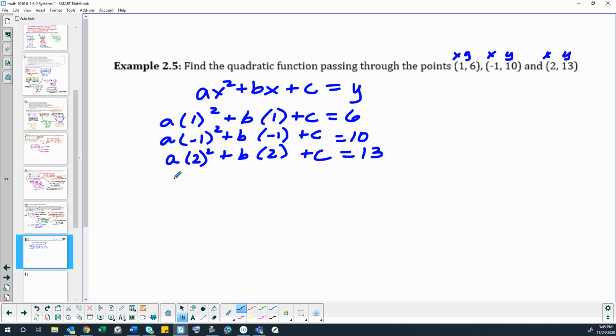That gives us the following system of equations. a plus b plus c equals 6. Well, what happened to the ugly square? That was the x value we plugged in, and it's gone. We now just have a linear 3-variable equation. Let's find another one. Negative 1 squared is 1.